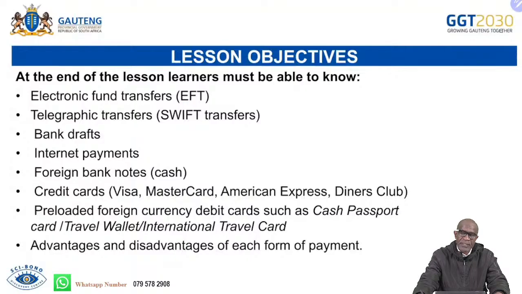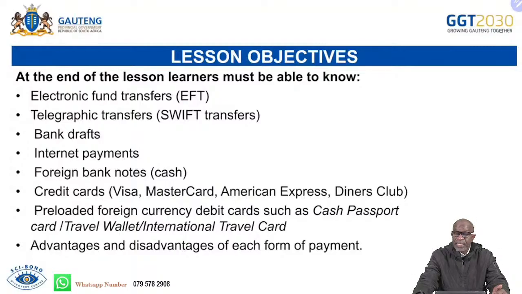You also have to know and understand foreign banknotes as a form of payment when you travel abroad or internationally. You have to also know and understand credit cards, and there are different forms issued by different major banking groups in the country and all over the world.